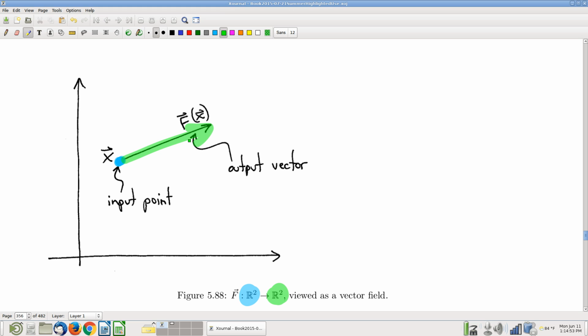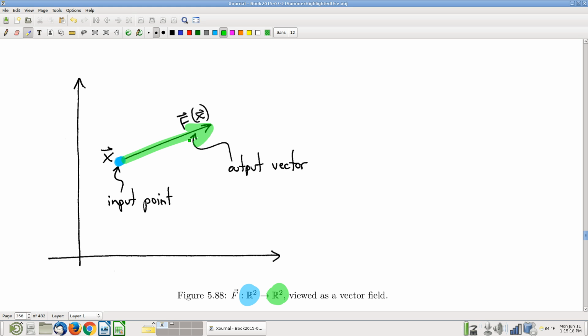So this is like, I don't know, is this the fifth or the sixth different kind of picture that we have to represent a certain kind of function? Let's count them up. We have graphs, level sets, images. We have this one where we draw the domain over here, the target over here. Maybe we'll call that the change of variables picture, right?